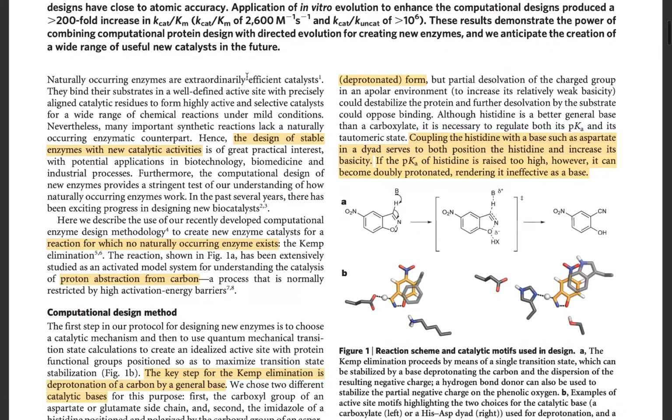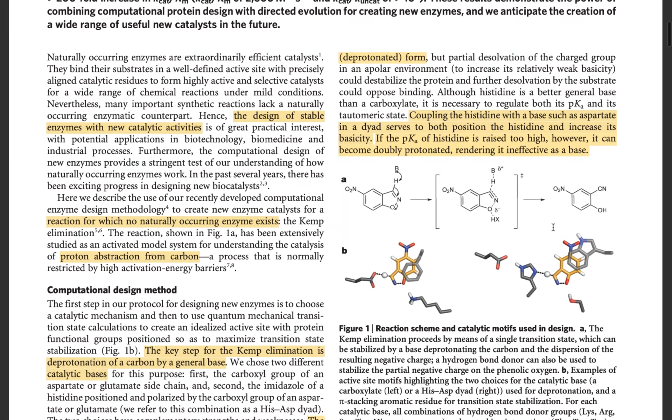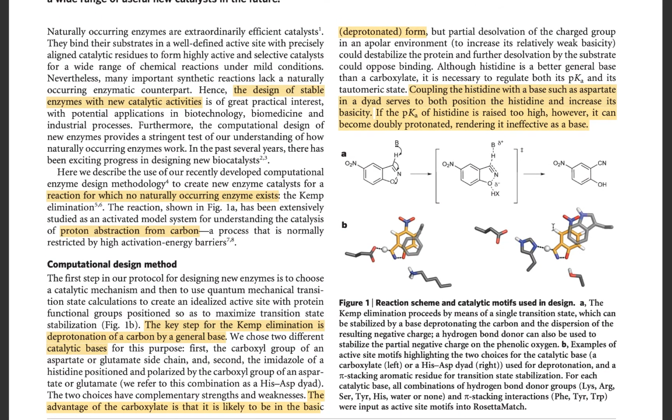And they are, from scratch, trying to build a protein that catalyzes this reaction. There doesn't exist an enzyme in nature that does that. They're building a protein from scratch to do that. So that's very, very important type of research.